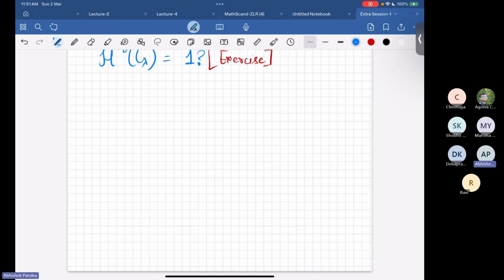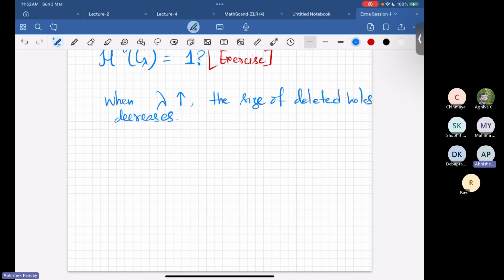It says that when lambda increases, the size of the deleted holes decreases, and the set C lambda becomes larger, and the Hausdorff dimension of C lambda increases.